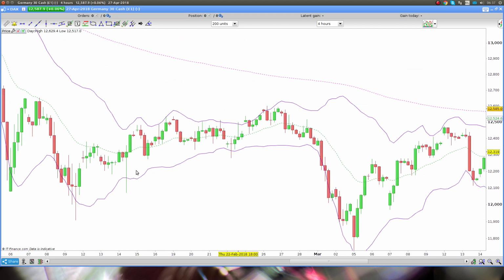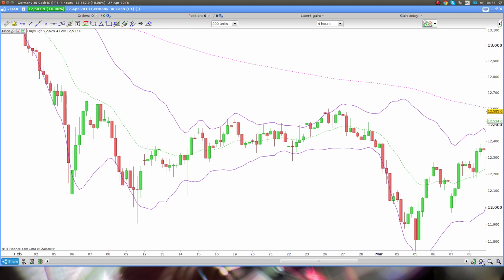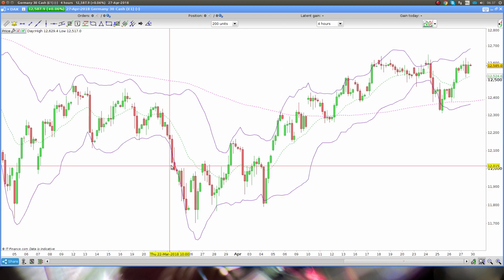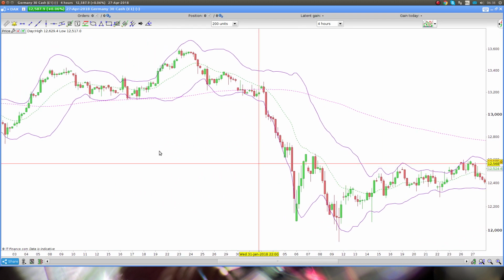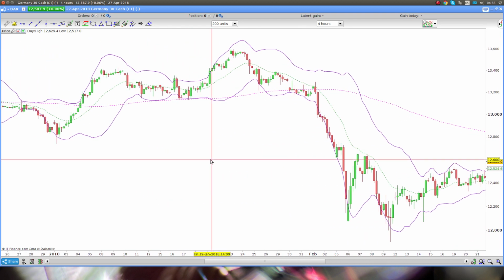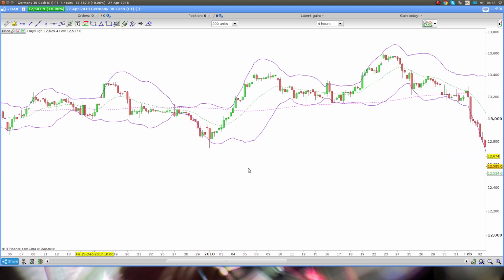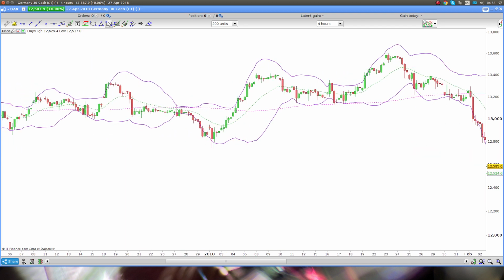The second thing that we look for is a squeeze. Now, a squeeze is very difficult to determine which direction you're going to break in. Okay, there's a good one there. So what are we talking about with a squeeze? It's basically when the Bollinger Bands come together very close like this.